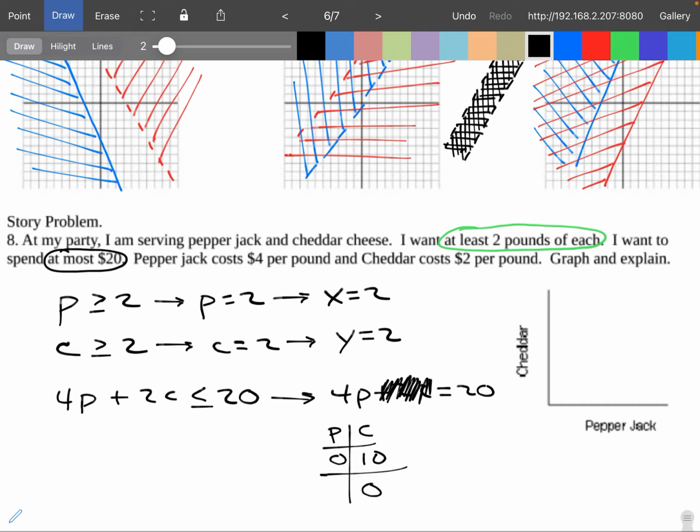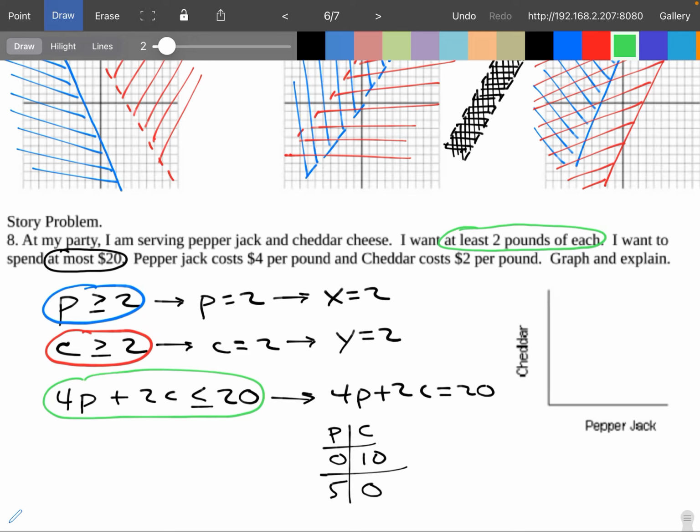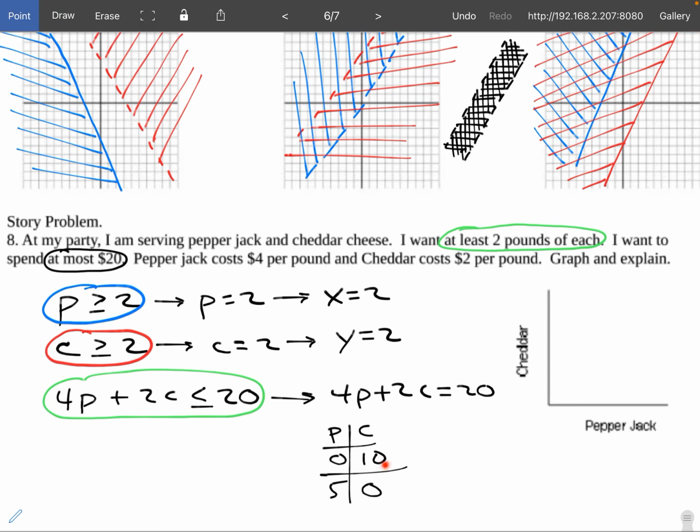What would you get? 10, right? You divide both sides by 2, so you get 10. So this would be a 10. And then you're going to plug in this 0 for c right here. So you're going to cover this up, and you're just going to solve 4p equals 20. What do you get for that one? Yep, 5. You divide both sides by 4, and 20 divided by 4 is 5. So this would be 5.